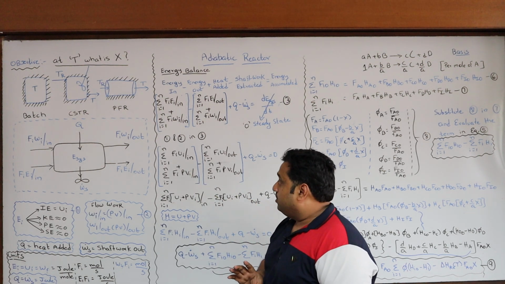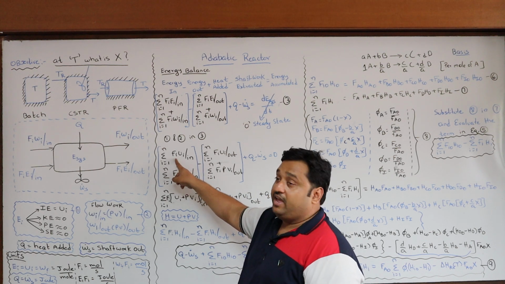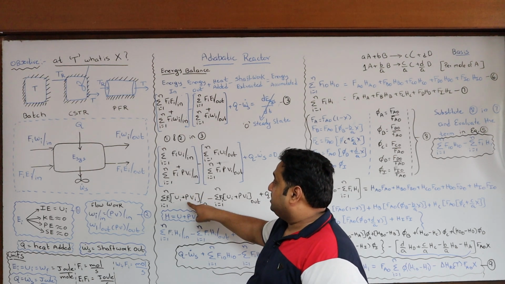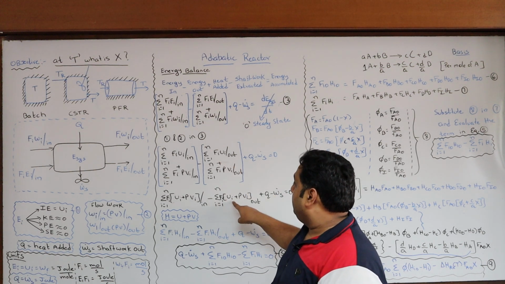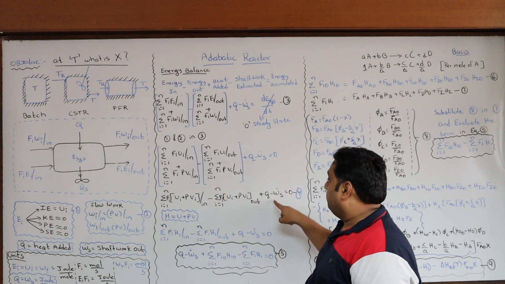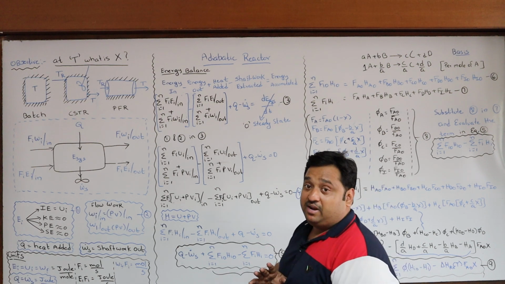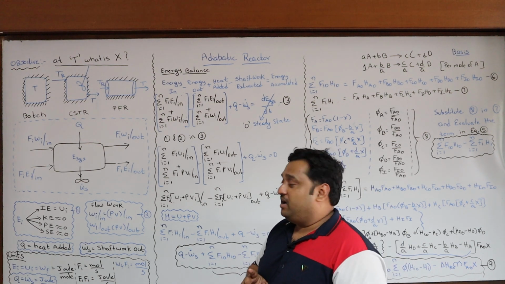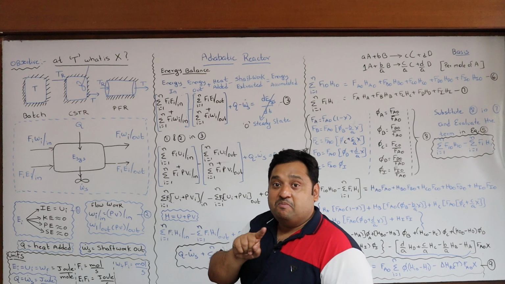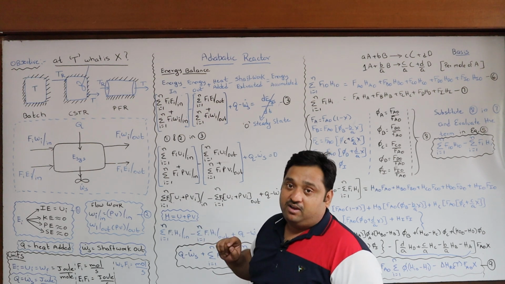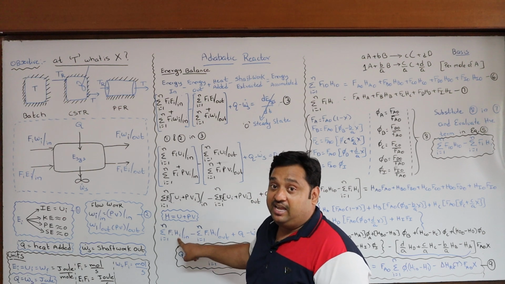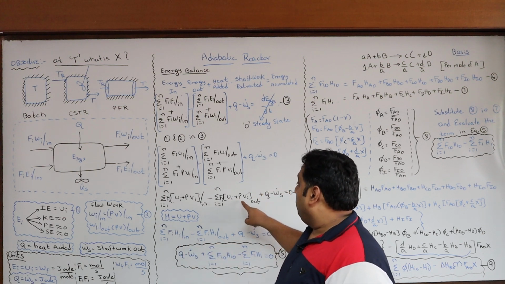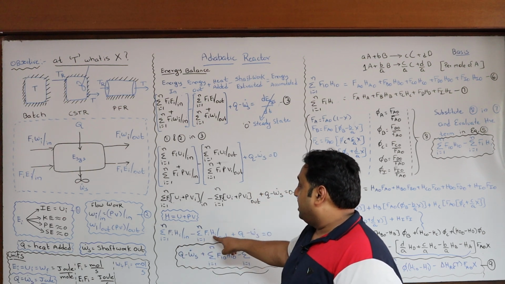Now if you common out Fi in these two terms, Ui plus PVi in, minus, if you common out Fi here, Ui plus PVi out, plus Q minus Ws is equal to 0. If you remember, the enthalpy is nothing but internal energy plus PV work. Then Ui plus PVi is nothing but Hi in, and Ui plus PVi is equal to Hi out.